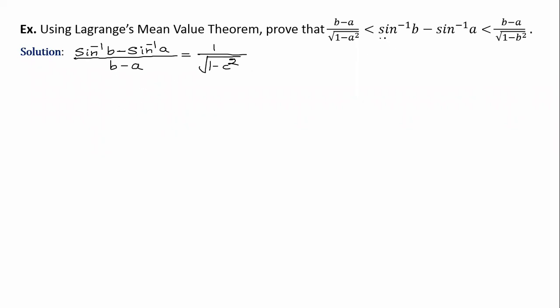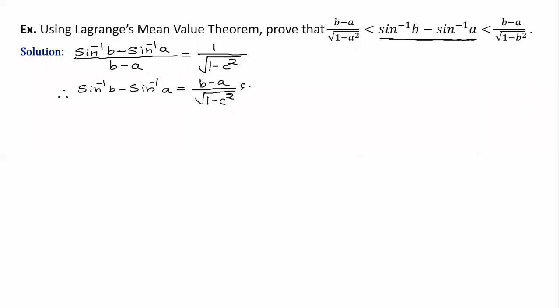So here, whatever is to be proved, in the center we see sine inverse of b minus sine inverse of a. So we'll try to write in that form. We have to multiply this equation by b minus a. So sine inverse of b minus sine inverse of a is equal to (b minus a) upon square root of 1 minus c square.